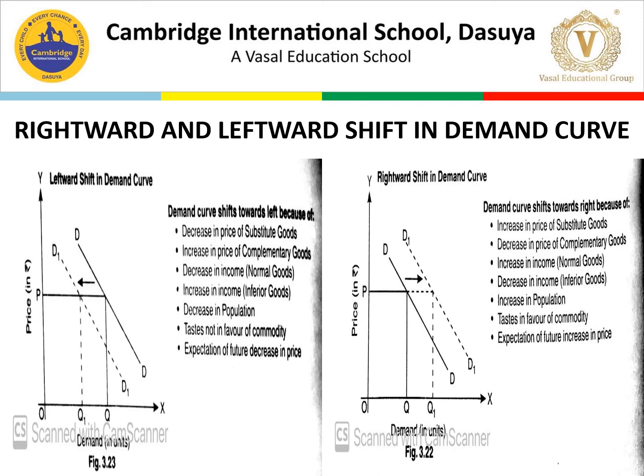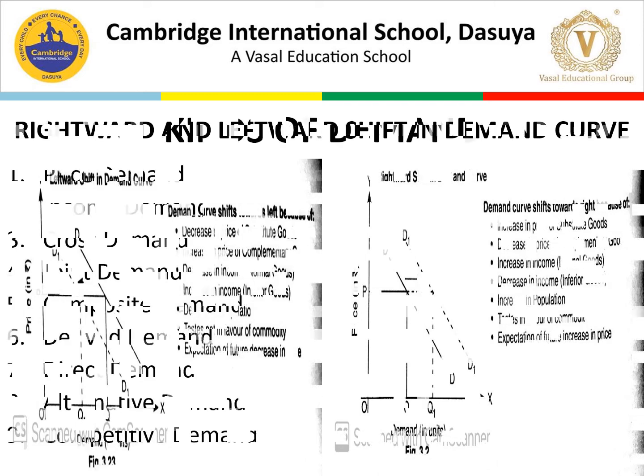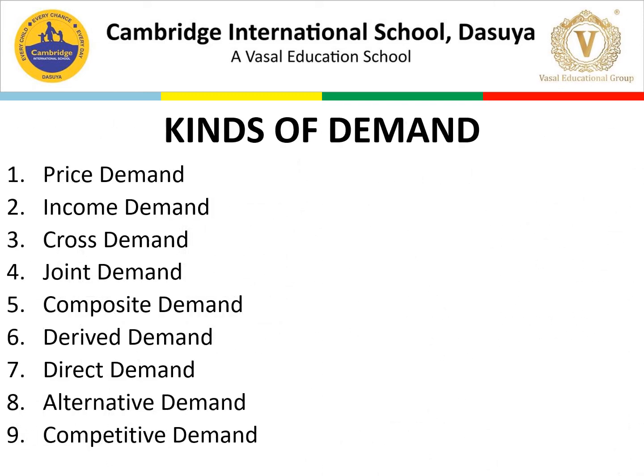Now let's move to the next thing, which is an important one: different kinds of demand. The first kind is price demand. Price demand refers to the relationship between price and demand of a commodity, assuming other factors constant.